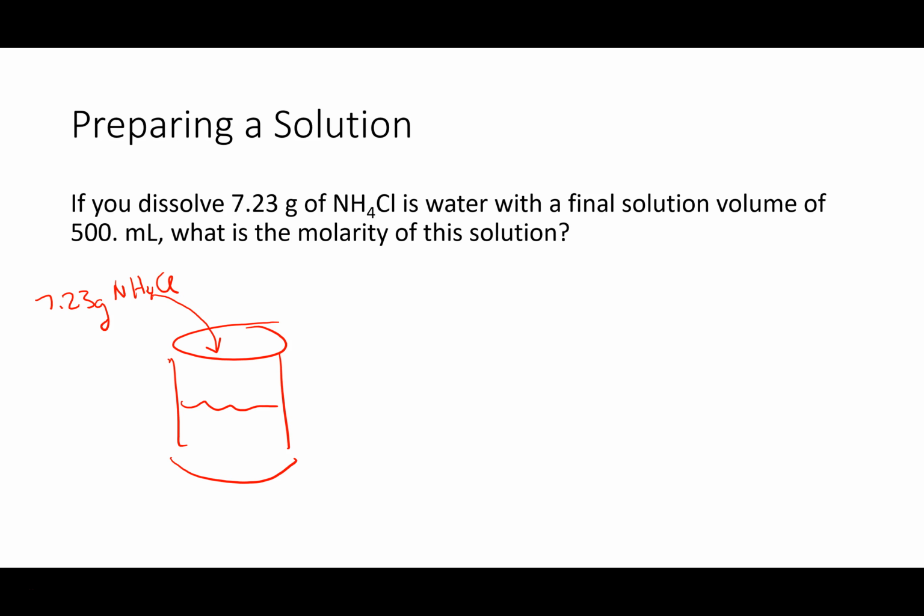And it says that my final solution volume is 500 milliliters, but don't forget, is this decimal important here? Yeah. So I'm going to say, and it probably wasn't in a beaker, it probably was in a volumetric flask, but my solution volume is 500. with 3 sig figs milliliters solution.